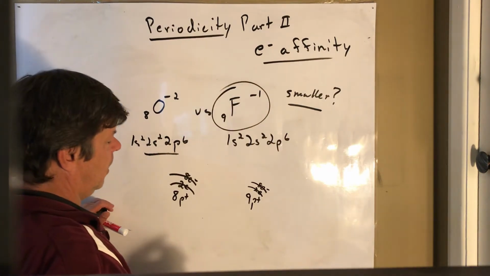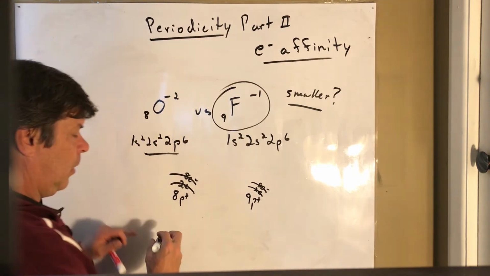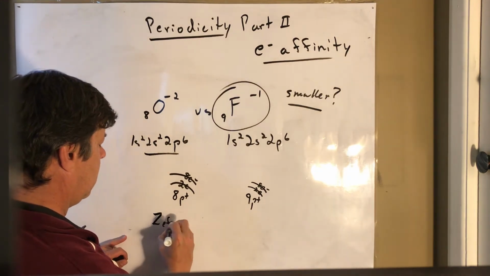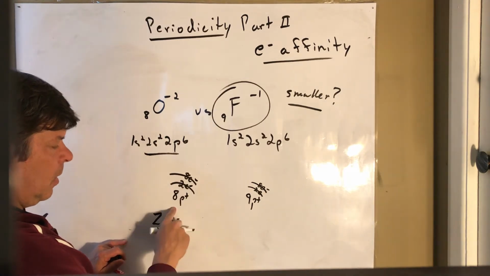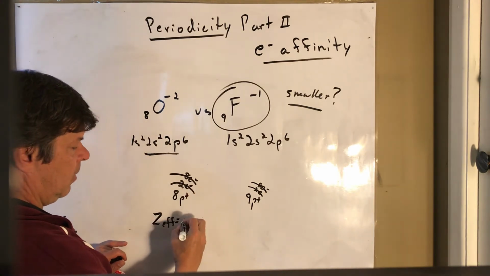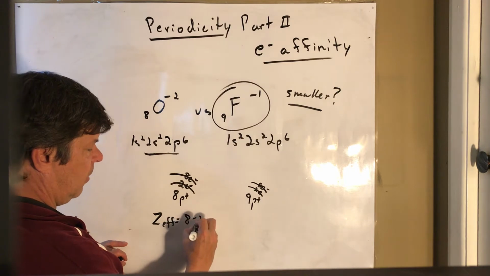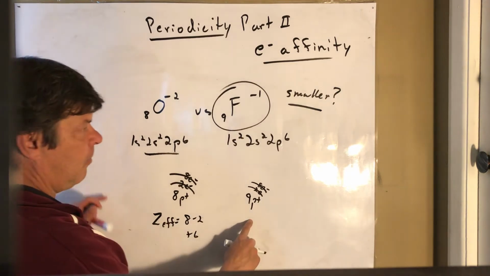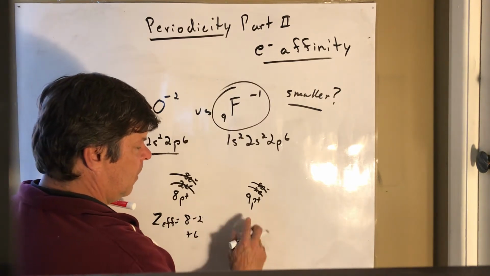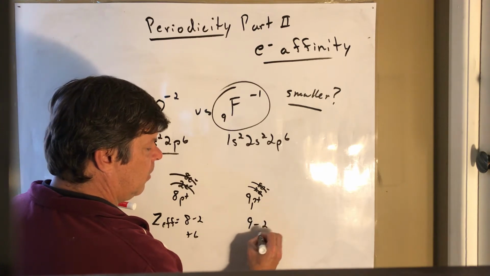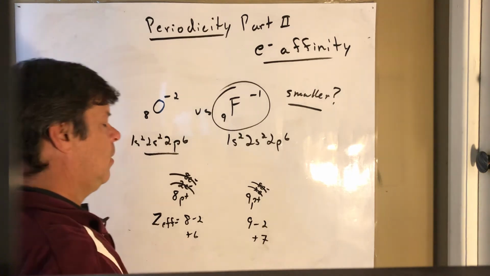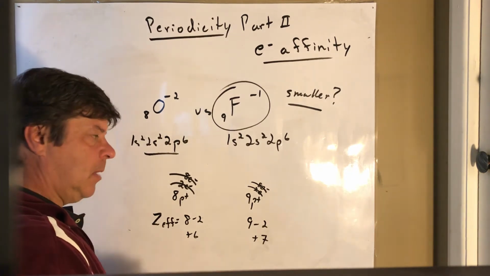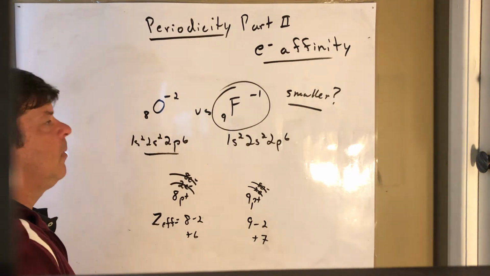Another thing you can do is look at the effective nuclear charge. The effective nuclear charge is the number of protons minus the core electrons, so that's 8 minus 2, so it's plus 6. Fluoride will be 9 minus 2, so it's plus 7. That effective nuclear charge is greater. Kind of tells you that that's going to be smaller, okay? All right, thought I'd start with that.